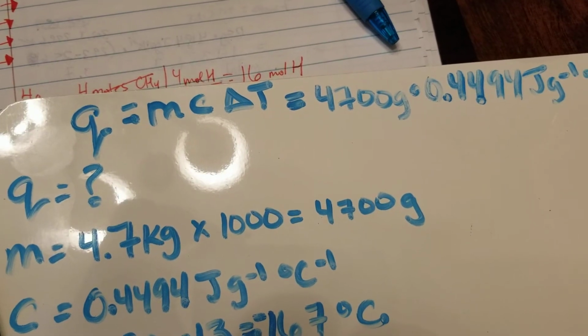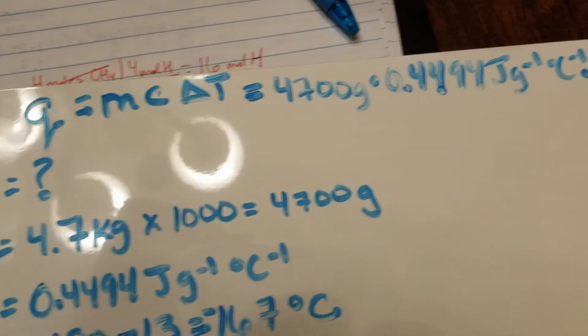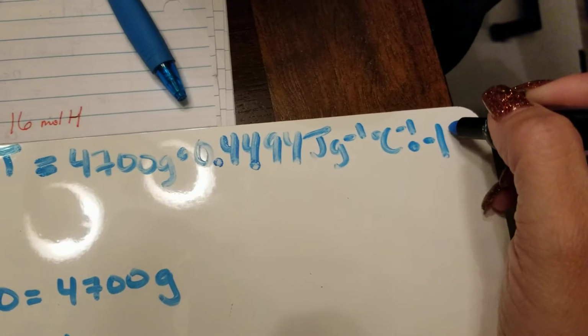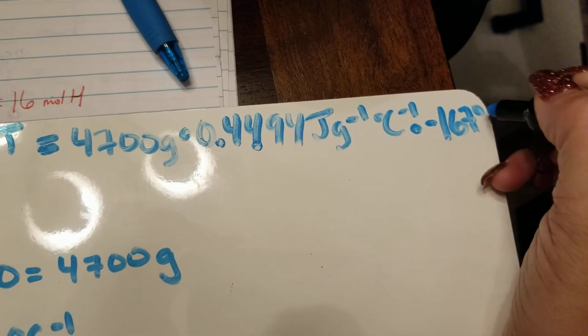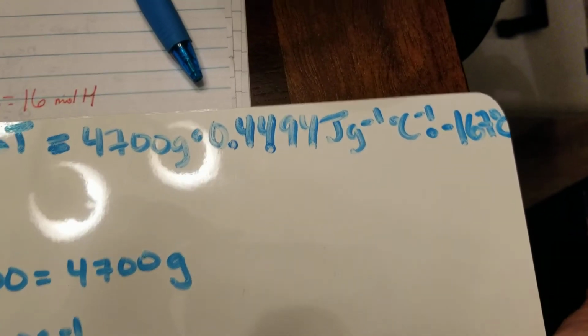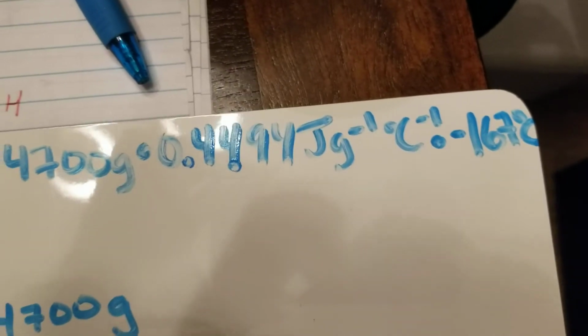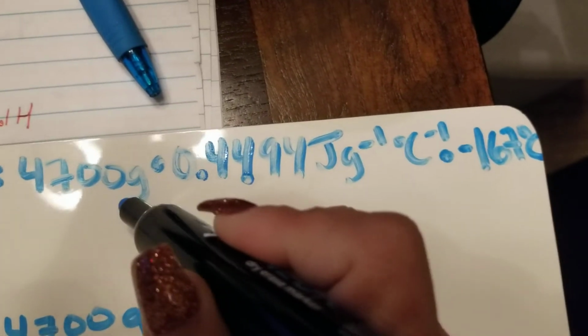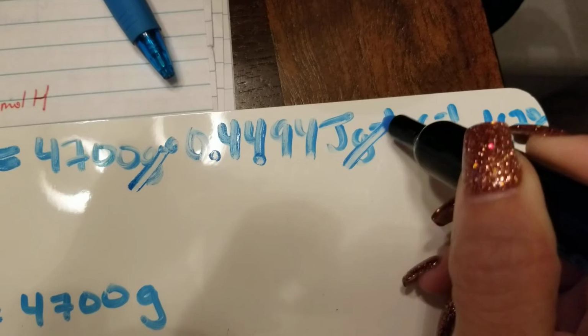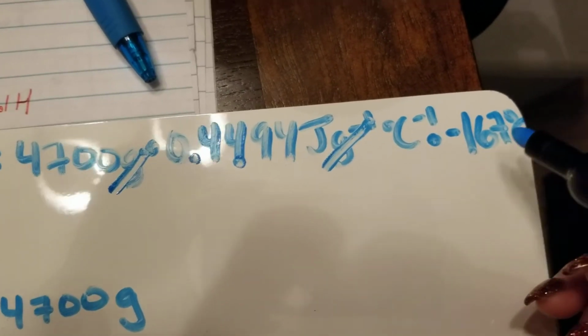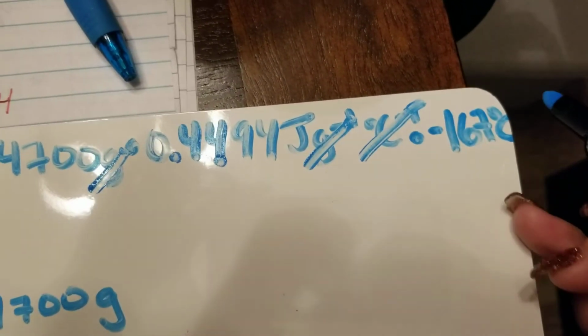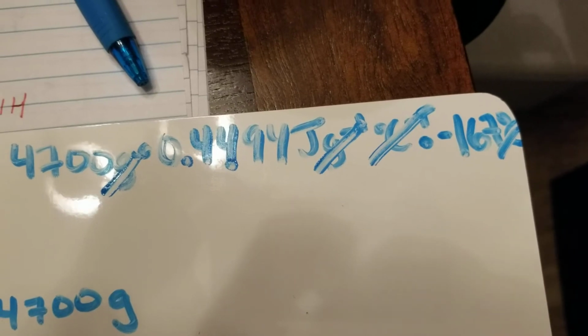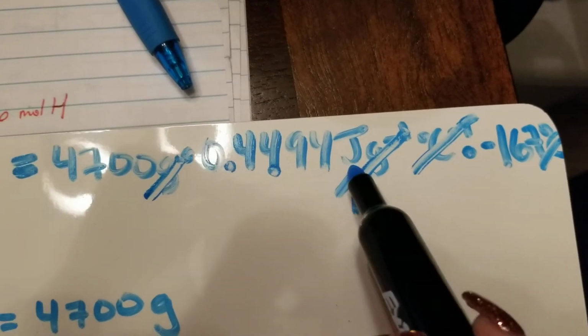And multiply it by the negative 167 degrees C. Can you see that? Okay, grams cancel. Grams on top, grams on bottom. Degrees C cancel. Degrees C on bottom, degrees C on top. What do you have left? Joules.